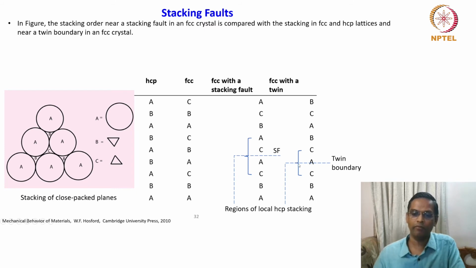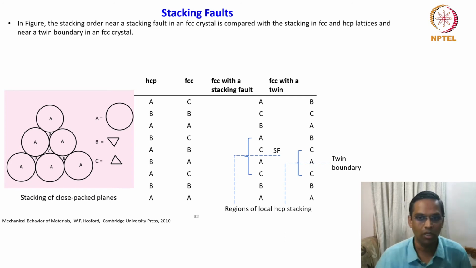We will refer to this when we look at the mechanics of twins also. The atom displacement is very, very small but homogeneous. You have to remember that. The atom displacements are a fraction of the interatomic spacing, but it has to happen in a homogeneous manner for a large number of atoms.